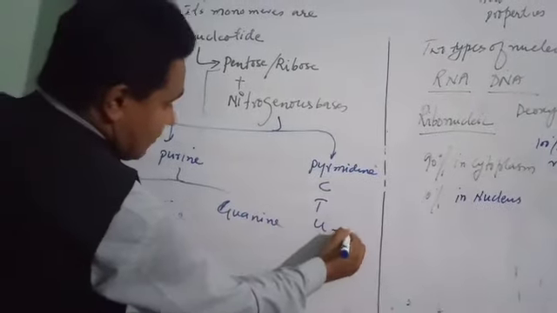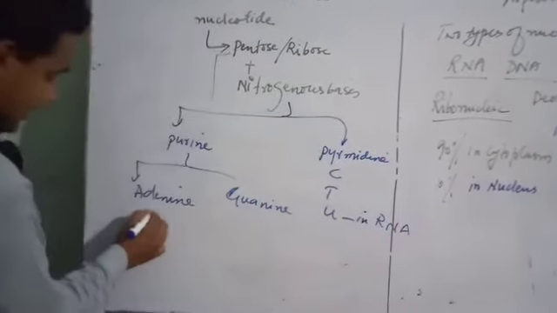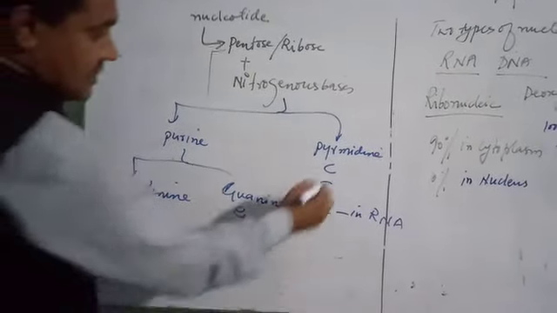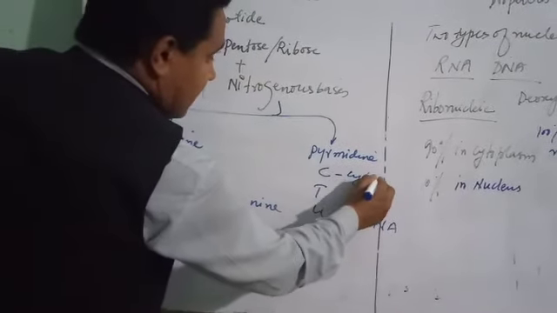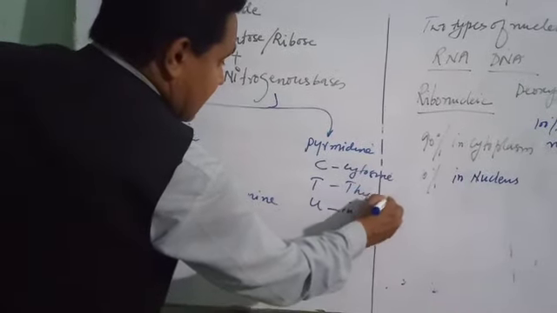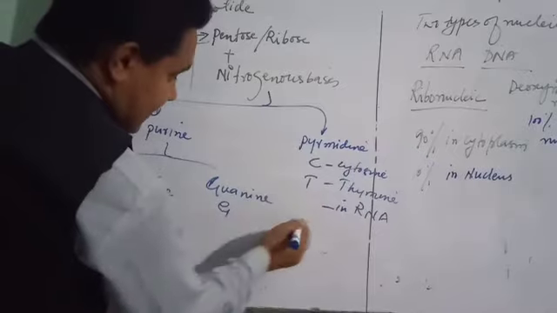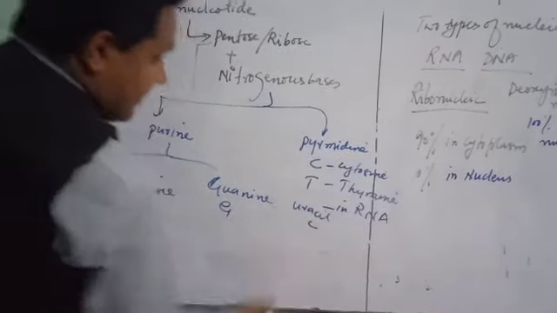Uracil is only in RNA. Adenine is indicated by A, guanine by G, cytosine by C, thymine by T, and uracil by U.